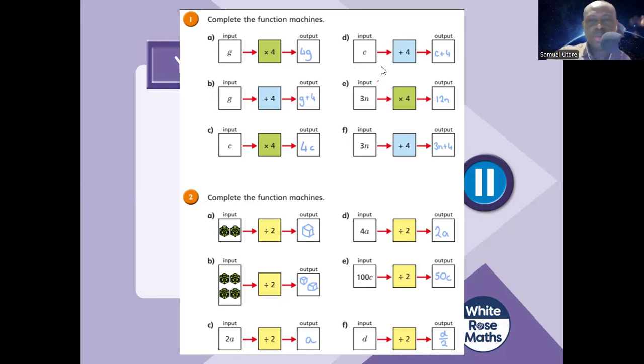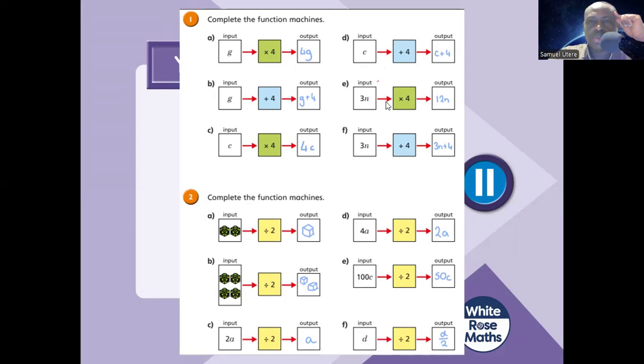Remember, if these were two separate bars, if we represent it as a bar model, we'll just write C plus 4. Then this one will be G plus 4. And then this one you have 3n, and then you have times 4. You multiply them by 4. So you can simply write this as 3 times 4 times n.